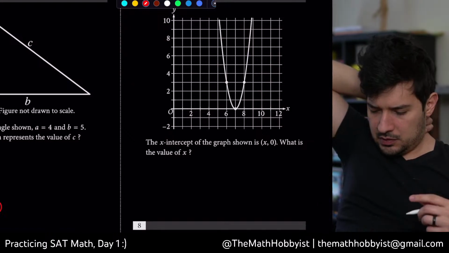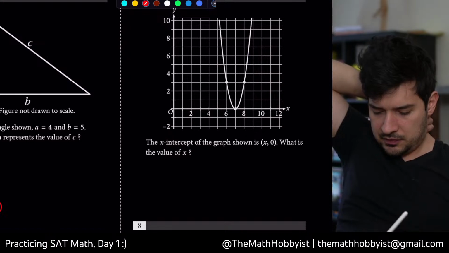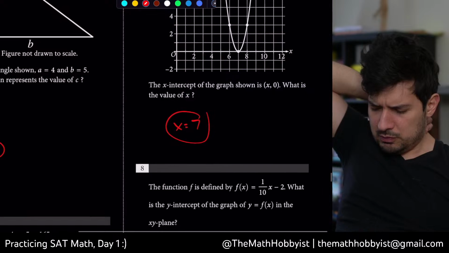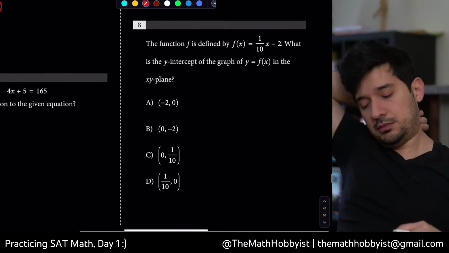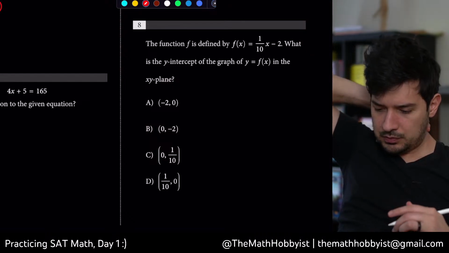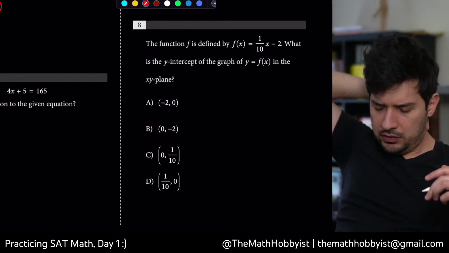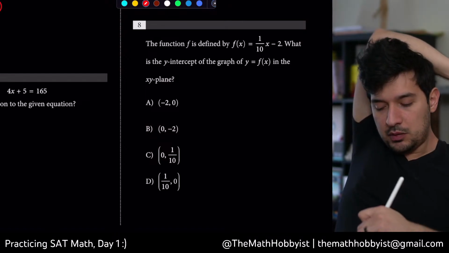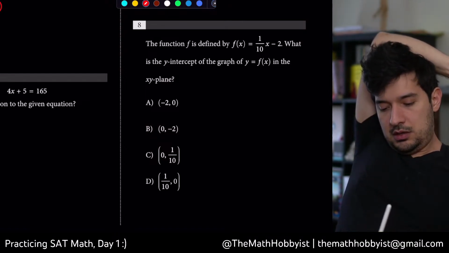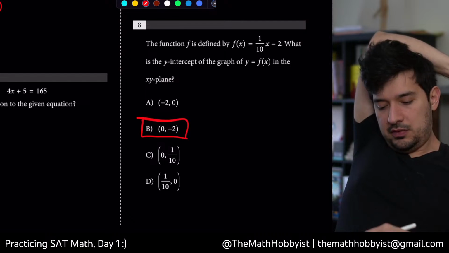X-intercept, x0, what is the value of x? Well, this feels easy, right? X equals 7. Function f is that, y-intercept. So the y-intercept is when x equals 0, right? So then x equals 0, y equals -2.